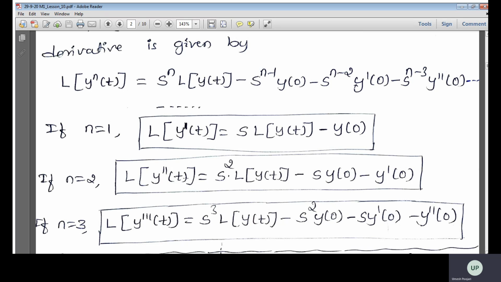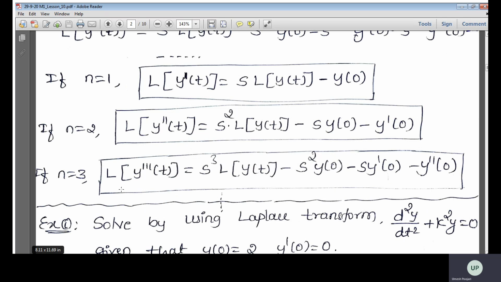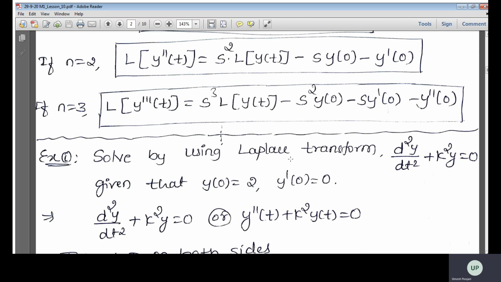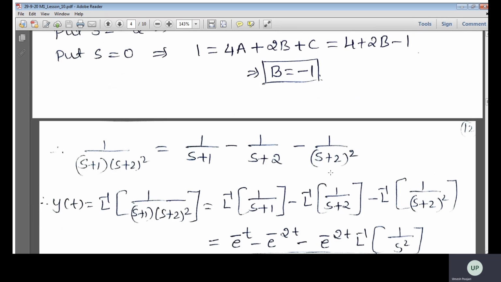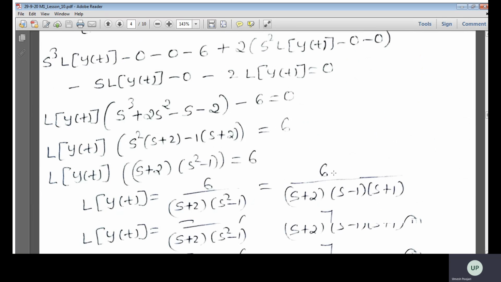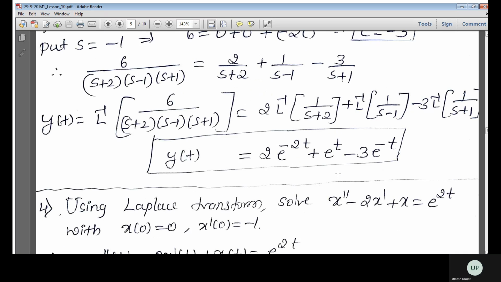L of y double dash of t is s square L of y of t minus s into y of 0 minus y dash of 0. And L of y triple dash of t is s cube L of y of t minus s square y of 0 minus s into y dash of 0 minus y double dash of 0. We discussed three examples in the last class, so we shall solve some more examples in today's class.